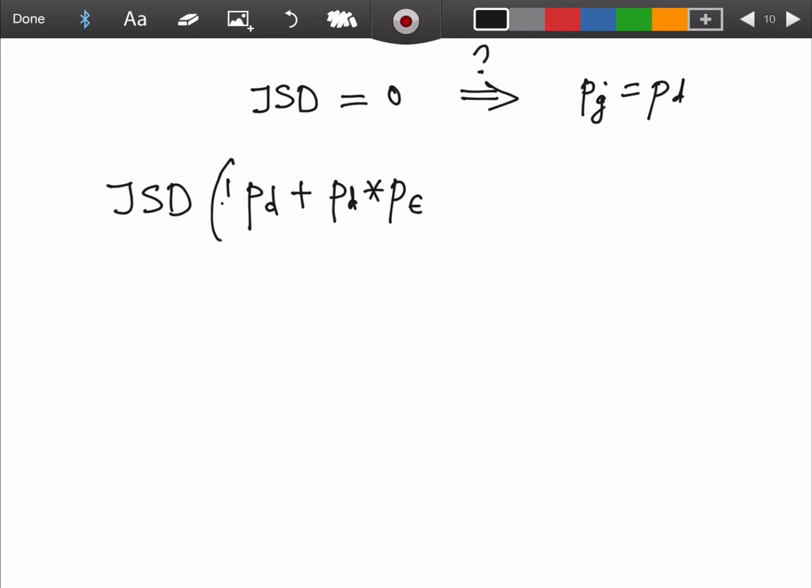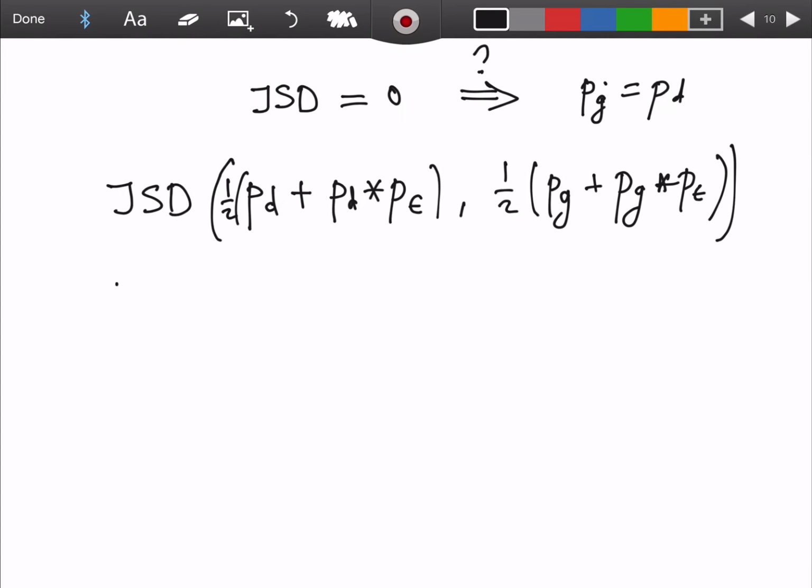Of course, I need to write 1/2 here, and also 1/2 of PG plus PG convolved with the same P epsilon. And I'm assuming that epsilon is distributed according to a Gaussian distribution with a positive definite covariance matrix and zero mean. Of course the epsilons are IID, and they are statistically independent of the data and the generated data, so statistically independent of Z as well.